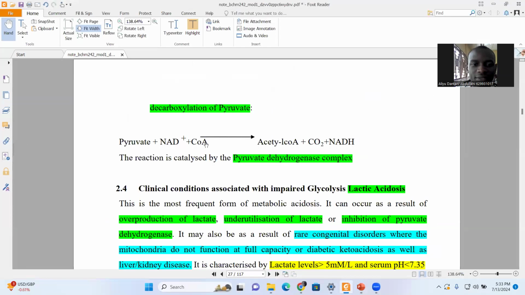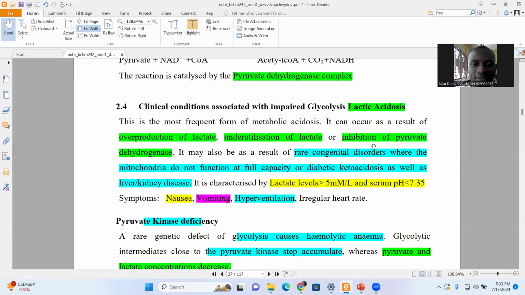Okay, so I've talked about this. Now, clinical symptoms associated with impaired glycolysis, of course, lactic acidosis. I've explained this already. This is the most frequent form of metabolic acidosis because it occurs as a result of overproduction of lactate, underutilization of lactate, or inhibition of pyruvate dehydrogenase.